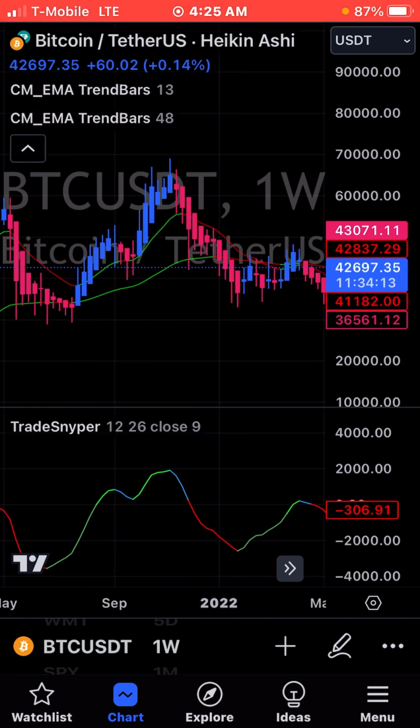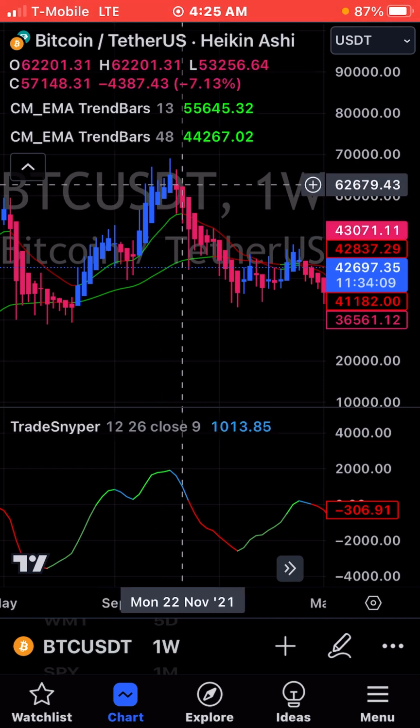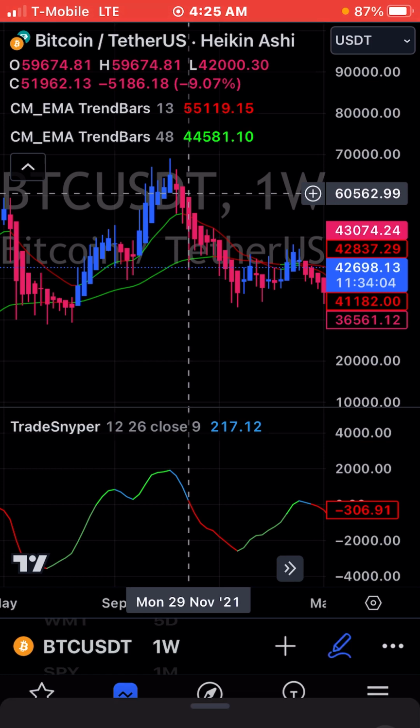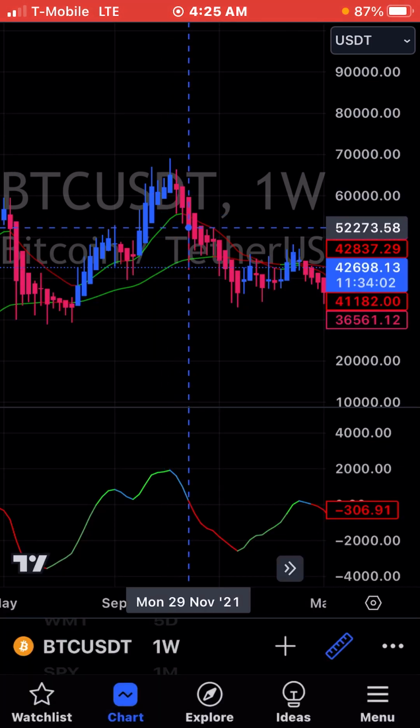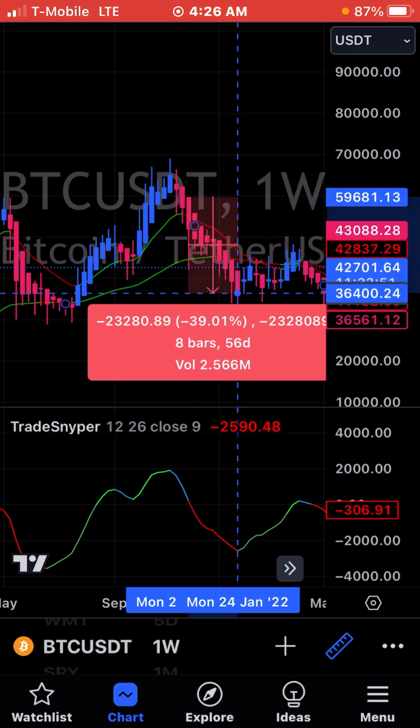And then the thing that's cool about this is it cooled down a bit. After it went up, it cooled down, and then it went red, and this is when everybody started selling, which was right about here. So you would have known when everybody was starting to sell after the bull run, and you would have rode this out till here.